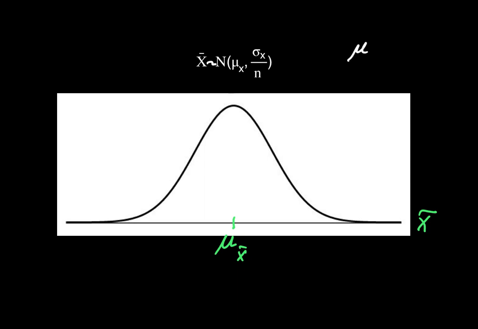And mu sub X bar will be the same as mu sub X. The average of all of the data, if I took all the data and found the average of all of the data, will be the same as the average of the averages. So the mean of all X bars will be the same as the mean of all the X data points.